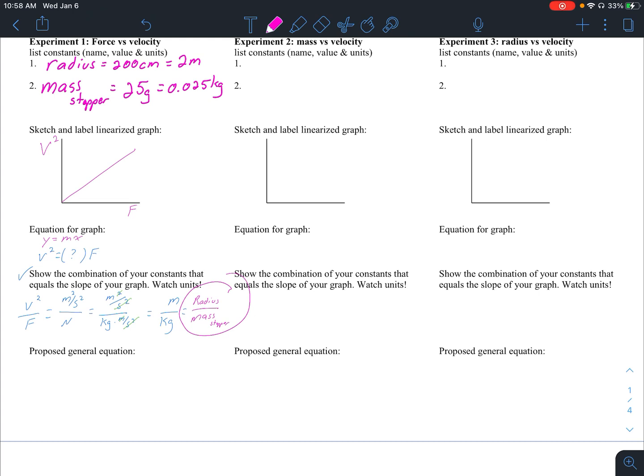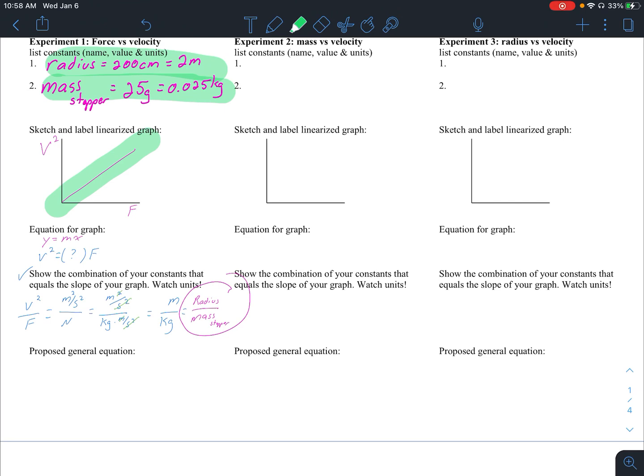If we wanted to check the accuracy of our lab, I could have had you take the slope of this line, actually plot this out, v squared versus f, and take these two values here. That should be radius divided by mass, the slope of that line. So that's why I asked you to write those down.